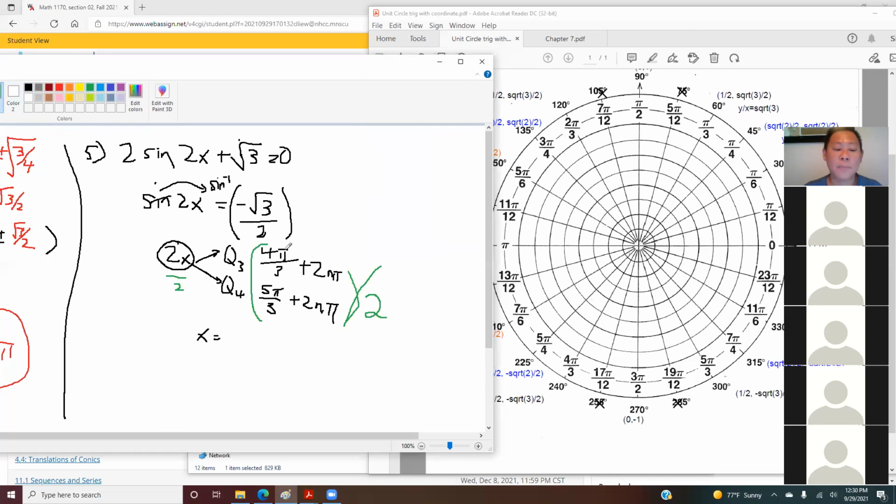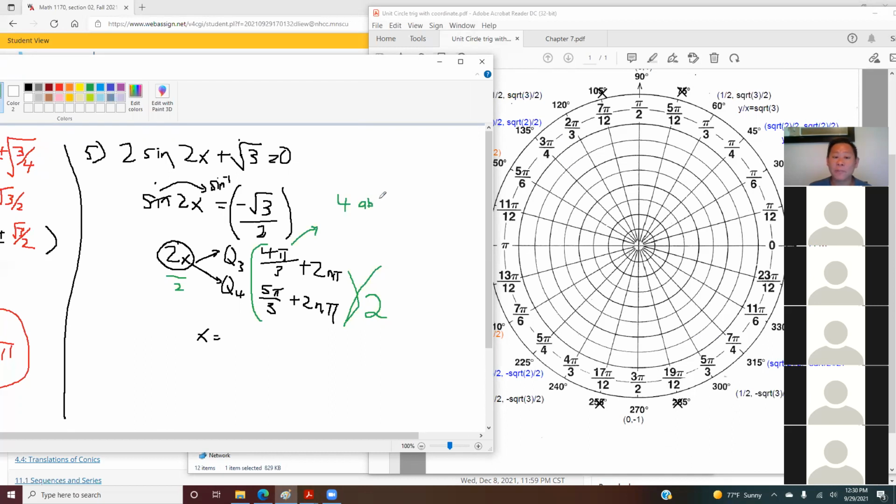Does anyone know what 4 pi over 3 divided by 2 is? Would you get 8 pi over 3? Not 8 pi over 3. Take out your calculator. You can use your fraction button. Ignore the pi, because it will be icky.